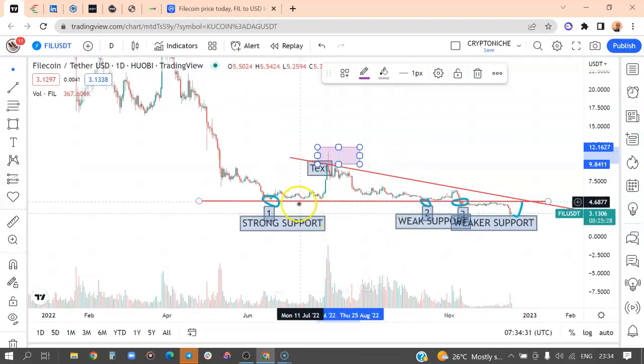I was here when Filecoin pumped all the way from this level up to this point. It was crazy. Everybody thought that maybe Filecoin had resumed its glorious days.